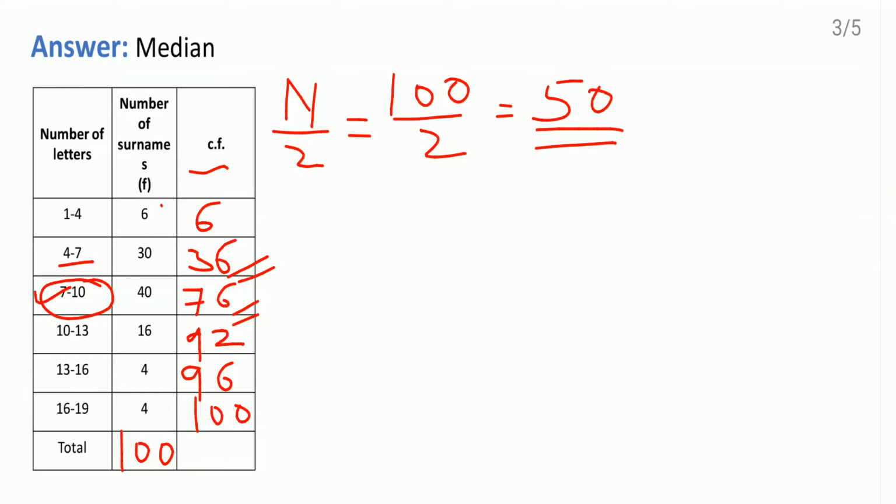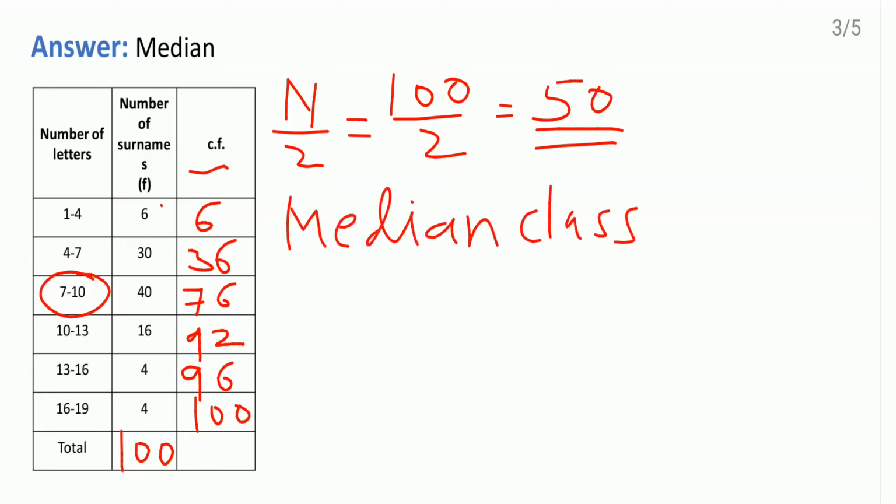Even 50th surname will be in this class interval, and it will go till 76 surnames. Correct? It means that my 50th number surname comes in this class interval 7 to 10. So this class interval is called the median class. So here I'll write down median class, which is equal to 7 to 10.